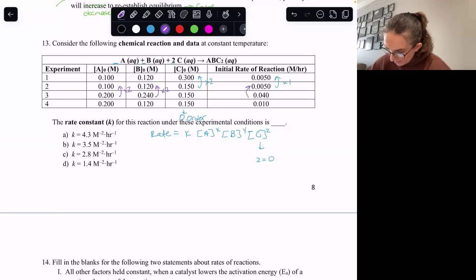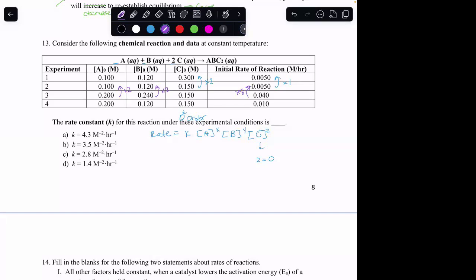So this change is a little bit off because we don't know what is happening. Right, this is times 8. So we don't know what is contributing to that change in rate.